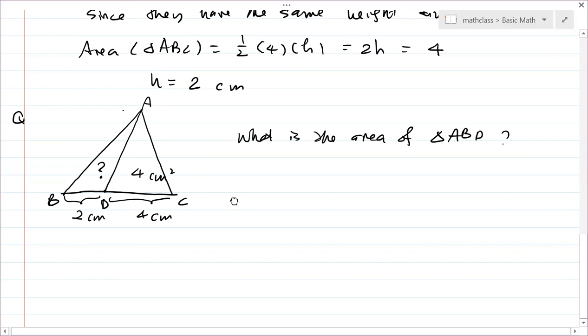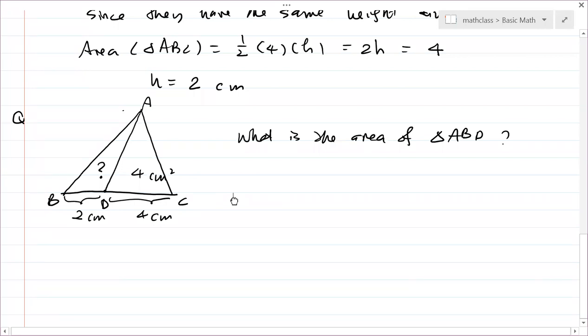Everybody knows the formula for the area of a triangle, and technically you can use that formula to solve this problem. Look at those 2 triangles. The larger triangle is divided into 2 triangles. I know the base, 2 centimeters, 4 centimeters. I know the area of the triangle on the right-hand side. I want to figure out the area of the triangle on the left-hand side.